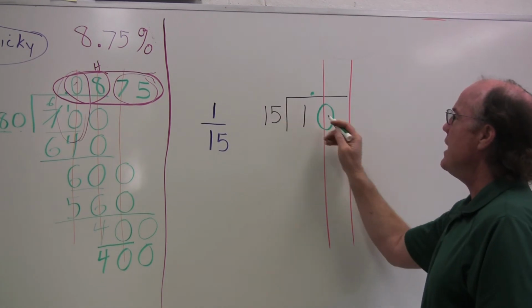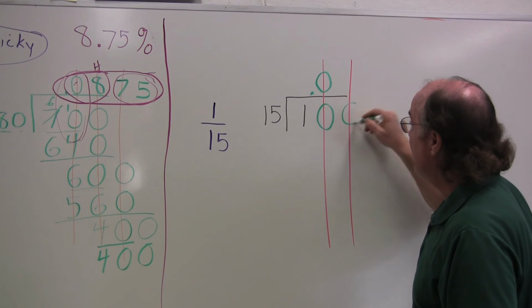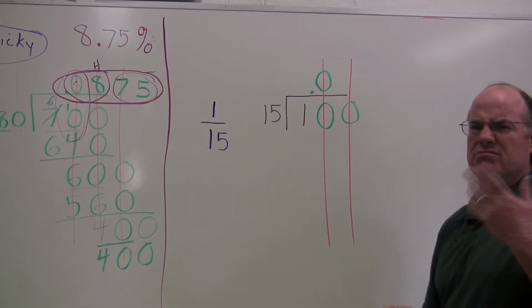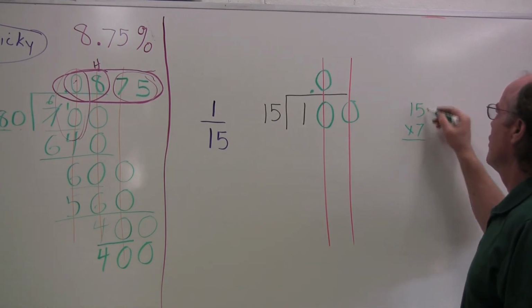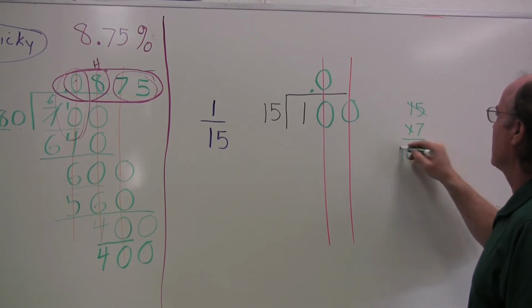Now can 15 go into 10? No. Add another 0. Now 15 into 100. Let's make a guess. Let's say 7. 35 and 70 is 105. This is too high.